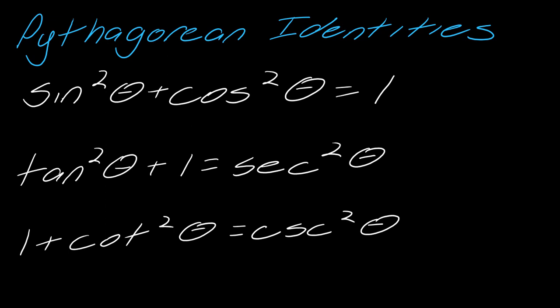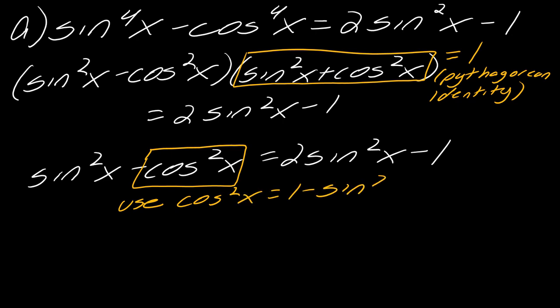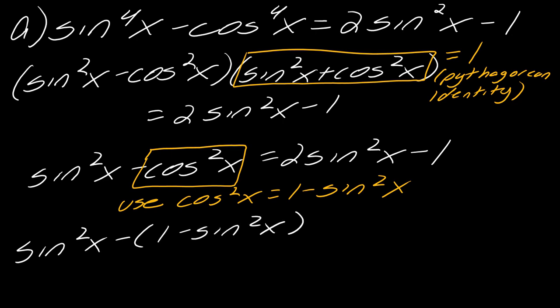So this part here, I'm going to use cosine squared x equals 1 minus sine squared x. So you want to just kind of call out somewhere what you're using. So I've got sine squared x now minus 1 minus sine squared x.